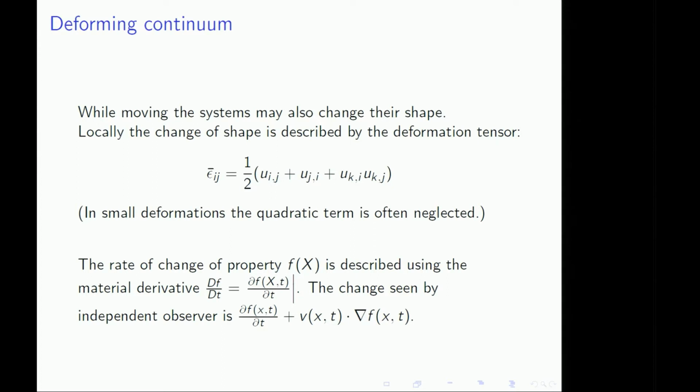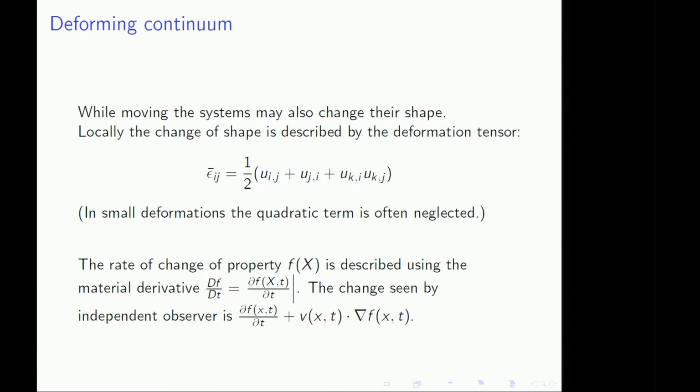Finally, if the continuum has some property, like a state variable, a state property, this property f can also change, so it's a generic property, and the change of the property is described or defined by the material derivative, which is the partial derivative of f when f is given as a function of the material coordinate, the Lagrange coordinate.